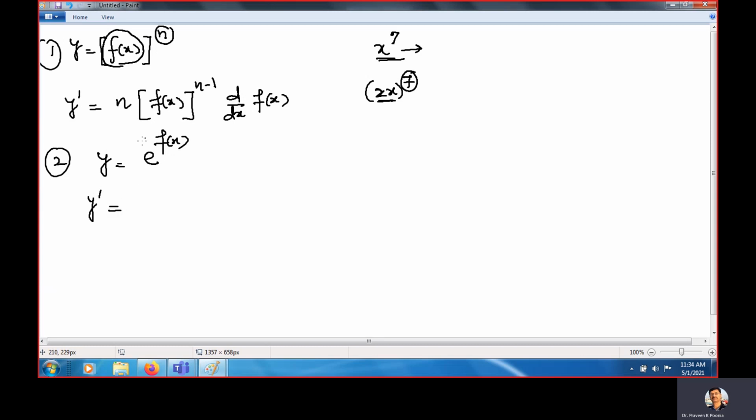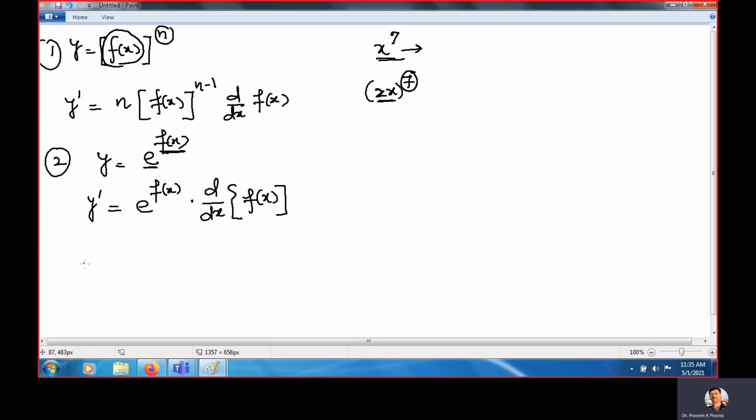First we'll differentiate e, it is e power f(x). Then because here it is a function of x, other than x is written, you need to differentiate the function f(x).